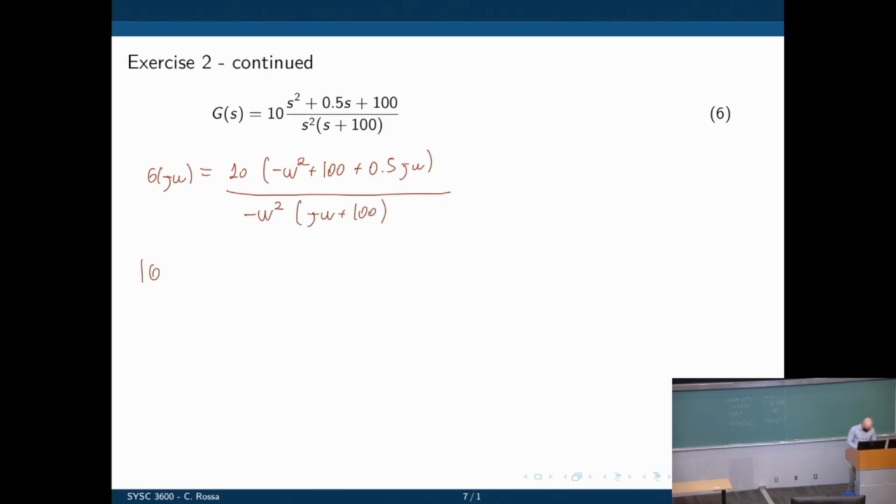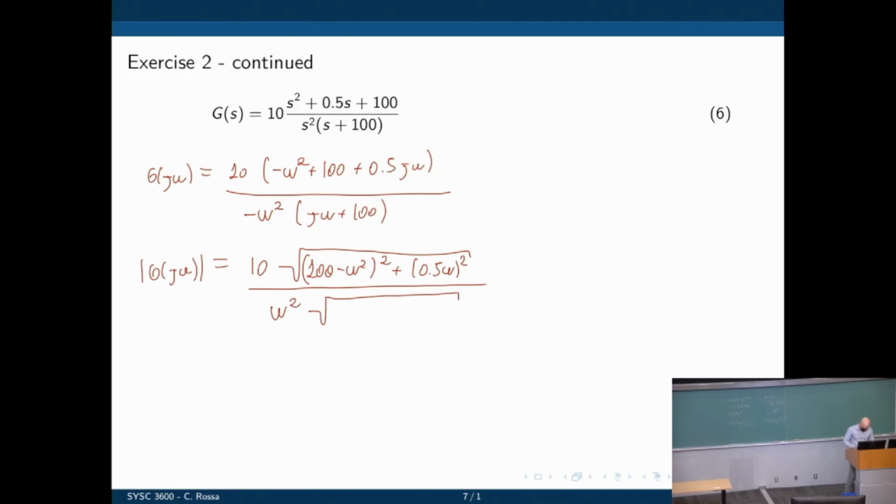And the magnitude is 10 times the square root of the real part squared, 100 minus omega squared, plus the imaginary part squared, divided by the magnitude of omega squared, which is simply omega squared, and the rest is omega squared plus 100.